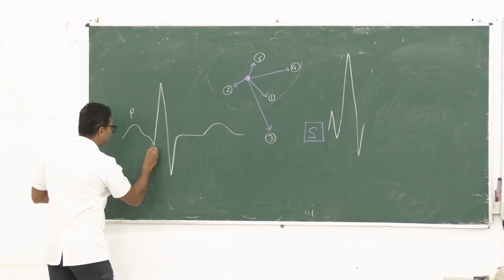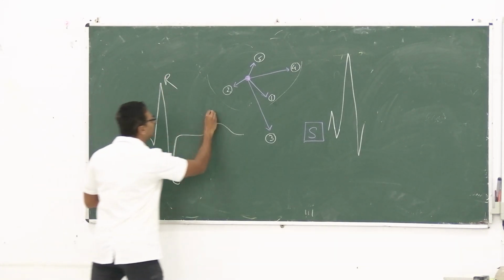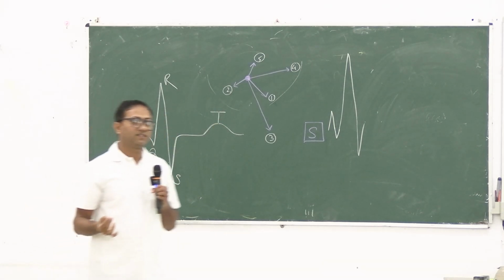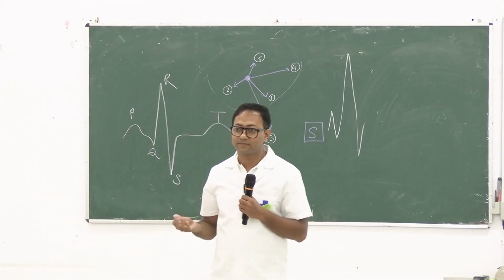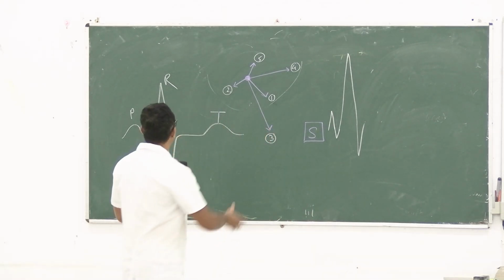P, Q, R, S. What about T? यस, सो यहाँ पर हमें कितना मिला है?